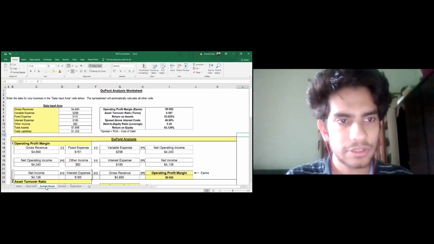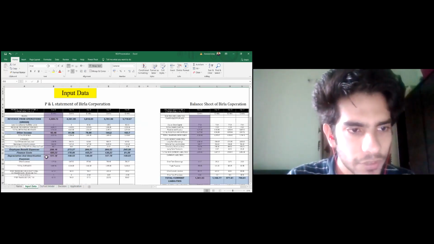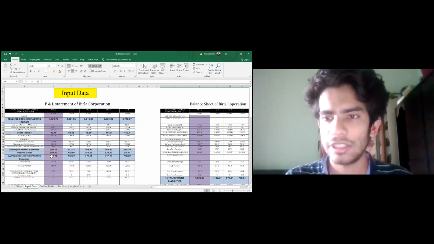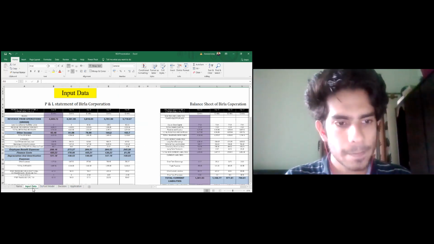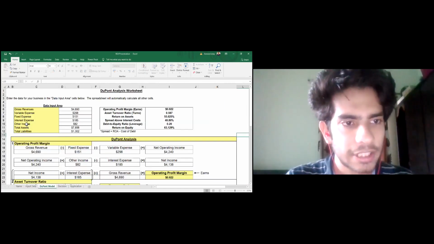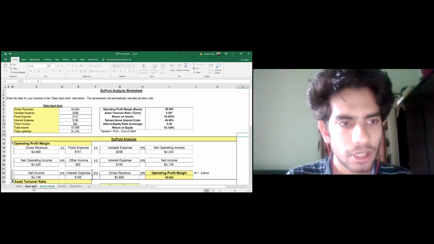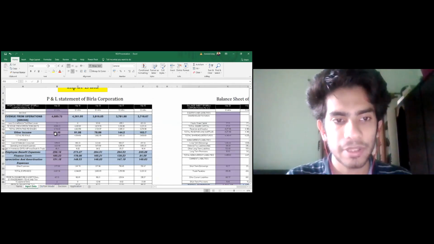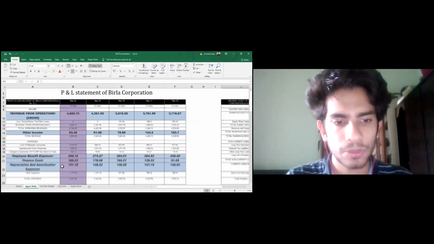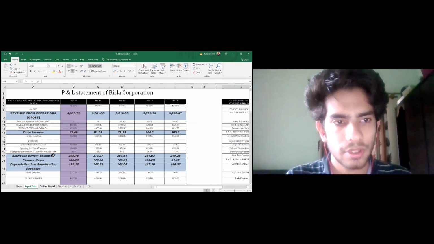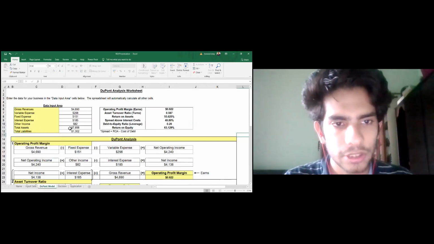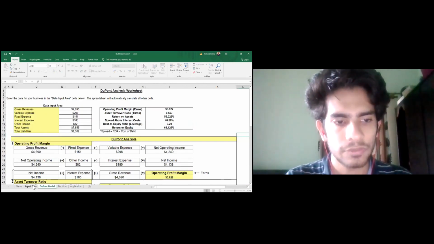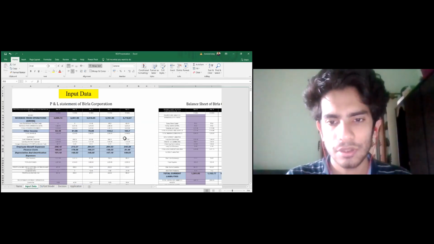The next one is fixed expense, which I have taken from depreciation and amortization expense. The next one is other income, which is also from the profit and loss statement, that is 82.48. And the next one is total assets, which is taken from the balance sheet.